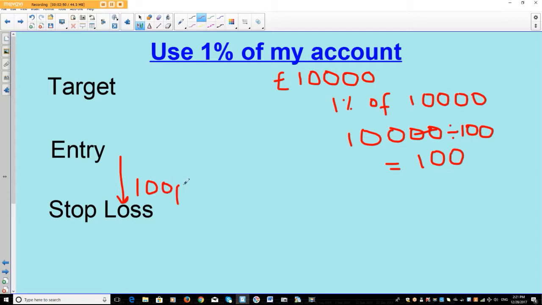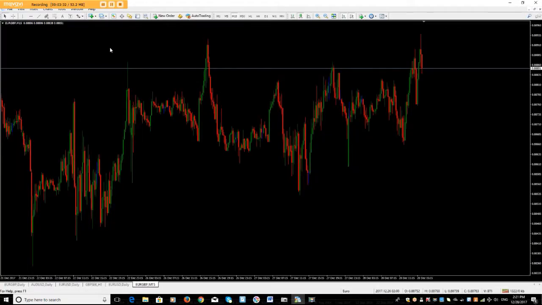Then I would have to divide this £100 by 100. I'm sorry, I'm still doing it the same way that you don't like, but I'm just showing this end. So it's £1 per pip. So I'm risking 100 pips, but I'm going to target 200 pips, which is £200. Okay, guys, but I'm not going to be doing it that way. Let's go on to an account and show you how we do that.